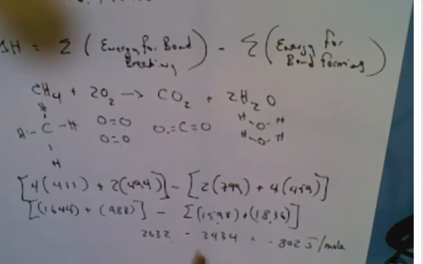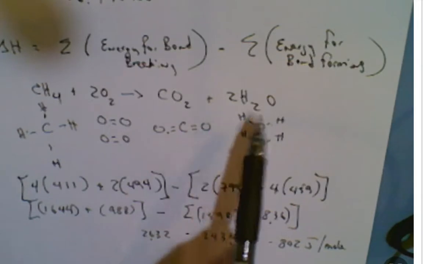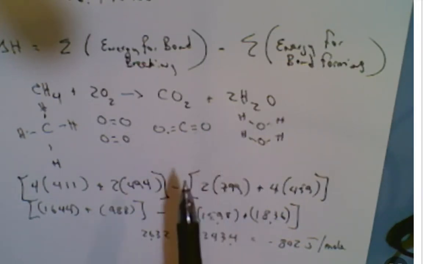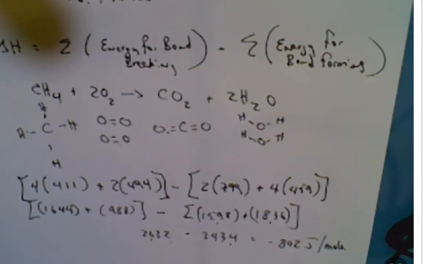Add those 2 numbers together, I come up with 3434. Subtract 3434 from 2632, and I come up with 802 joules per mole. And it's a negative number, which is what we would expect because this is a combustion reaction, and combustion reactions liberate heat, and so that's how we work through that.